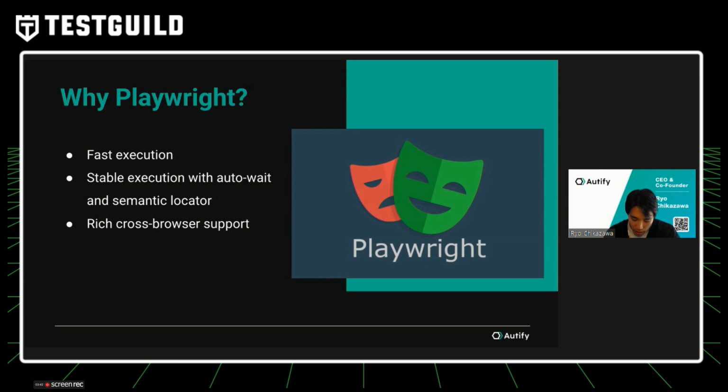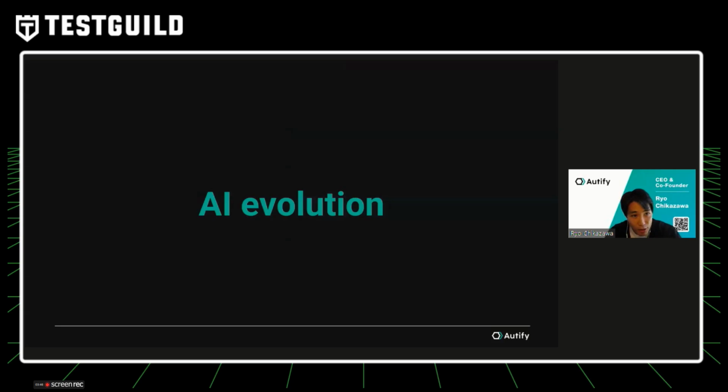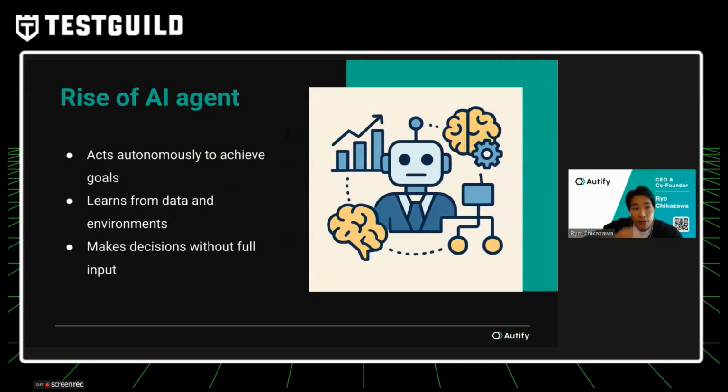Thanks a lot. So let's talk about AI. LLMs have evolved tremendously in the last 1 to 2 years, and one notable point of the AI evolution this year is definitely agents.